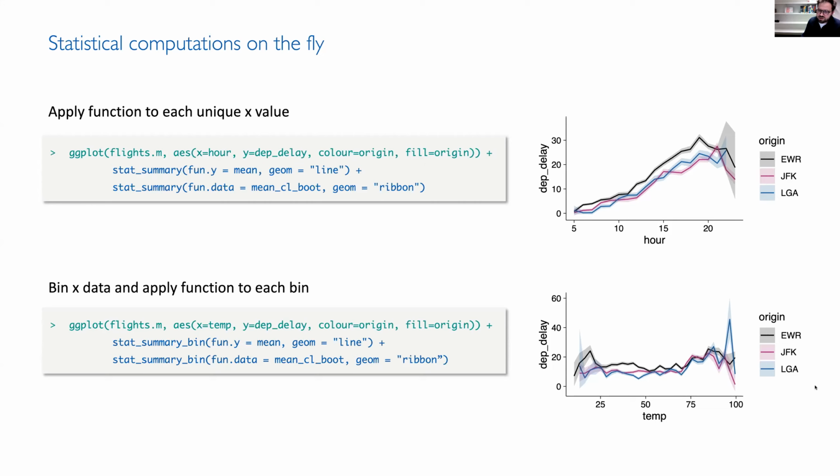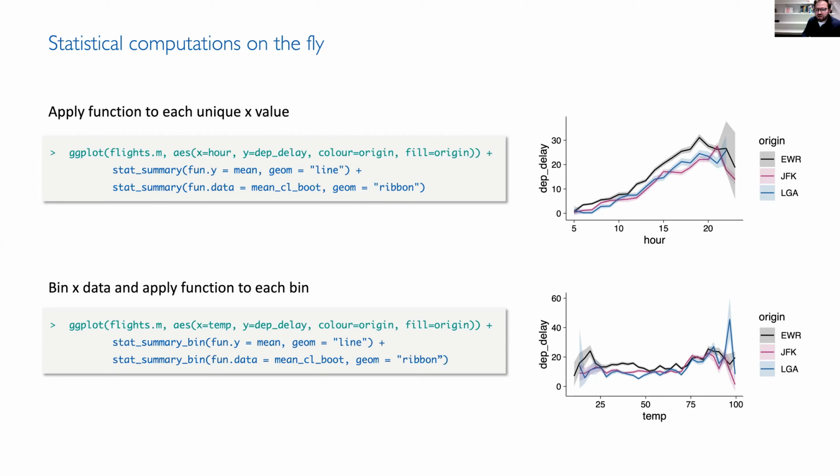An example here is the temperature in Fahrenheit on the x-axis, and we cannot calculate a separate mean for every value of the temperature, because temperature is a real-valued quantity.